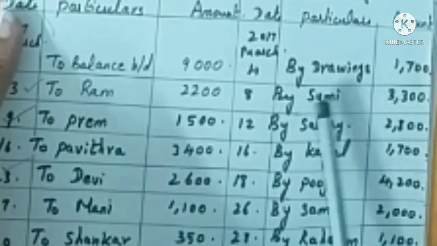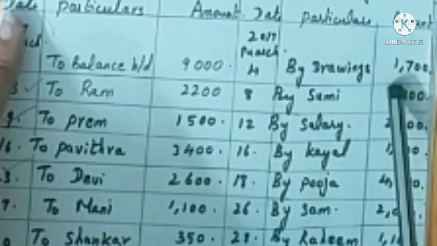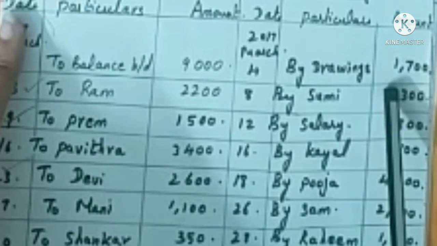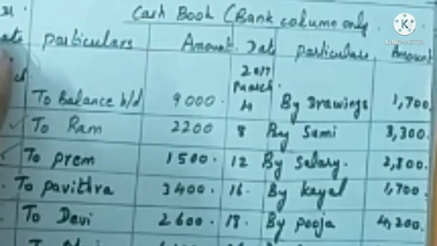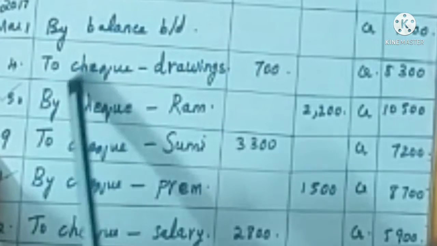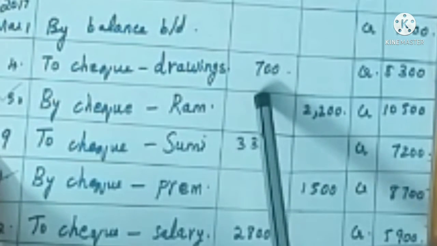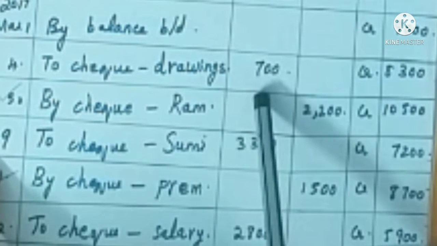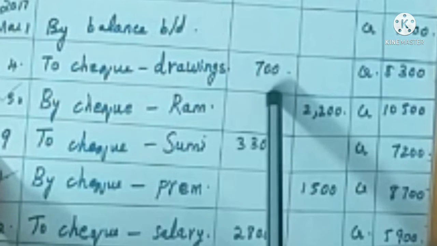Next one, let's see the credit side of the cash book. By drawings rupees 1700. Let's see whether this 1700 is debited in the passbook. In the passbook, To cheque drawings 700 is debited, but we have to debit rupees 1700. So 1000 rupees is not recorded in the passbook.